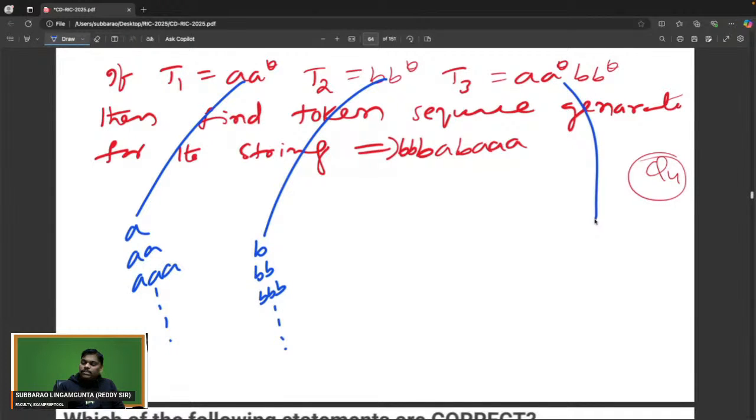T3 minimal is AB, followed by A double B, followed by A triple B. Next one, double A double B. Next one, triple A single B, and so on. So you have to find the longest matching. Remember, starting with B, only T2. So I think this is T2.